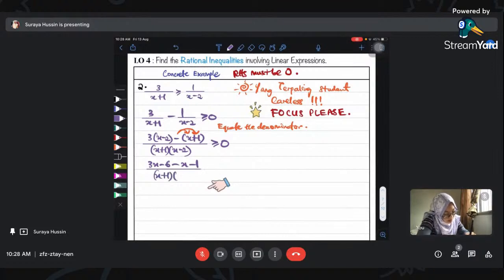Dekat bawah ni kalau kamu perasan, Miss tak darab pun jadi quadratic. Linear tu Miss biarkan dia. This is linear, right? So I just leave it there. Linear tetap linear. Tak perlu darab. Sebab kita memang nak rational inequality dalam bentuk linear bahagi linear.